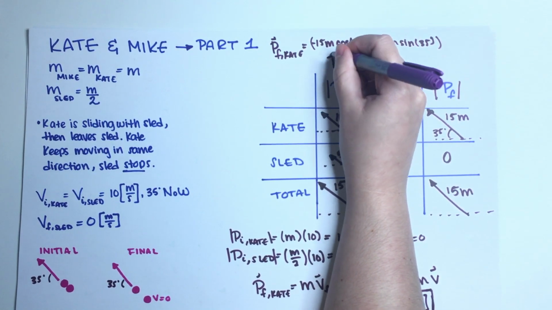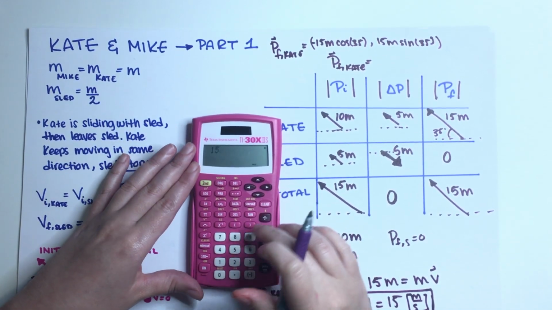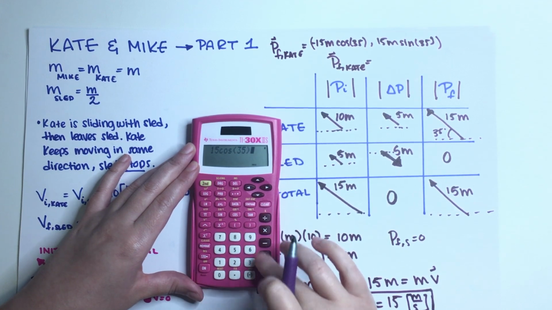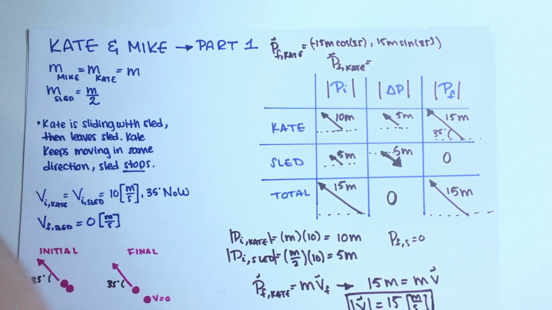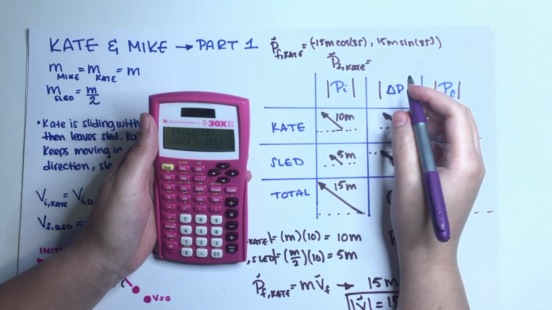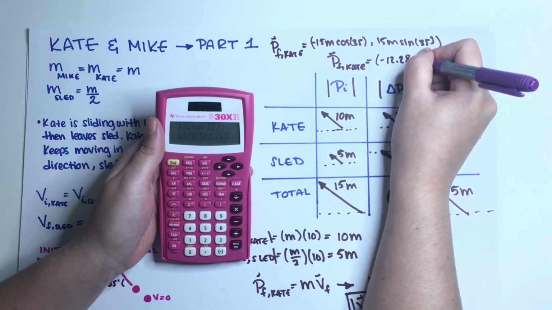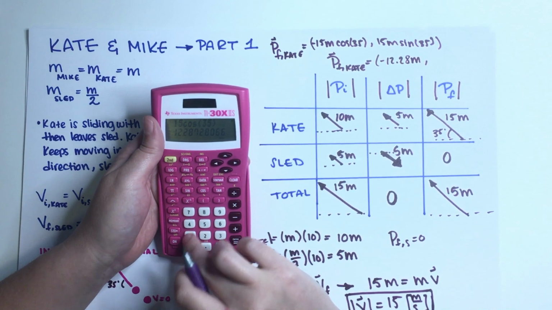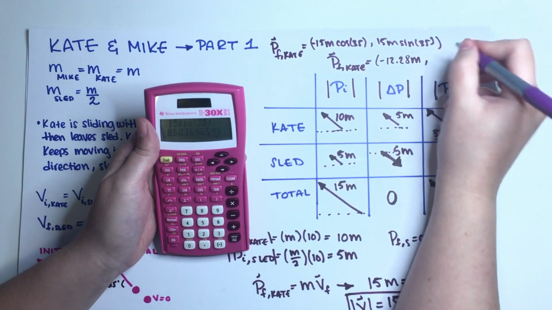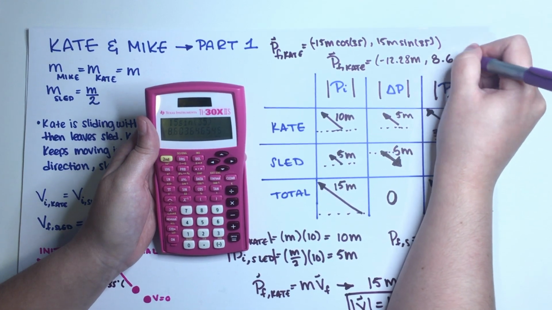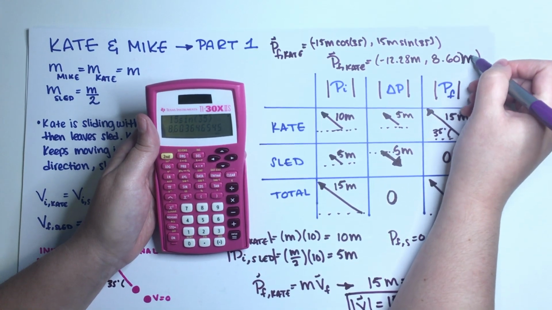So in vector form, let me just grab a calculator over here. That would be 15 cosine of 35, so that is negative 12.28 m. And then 15 sine of 35 is equal to 8.60 m, times the mass.